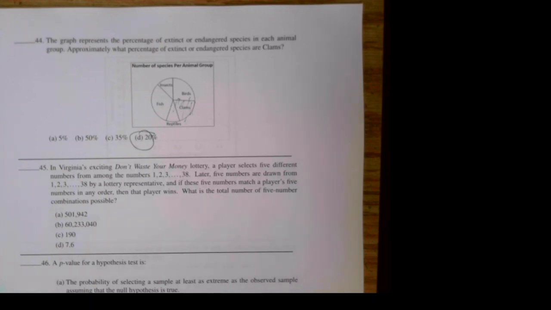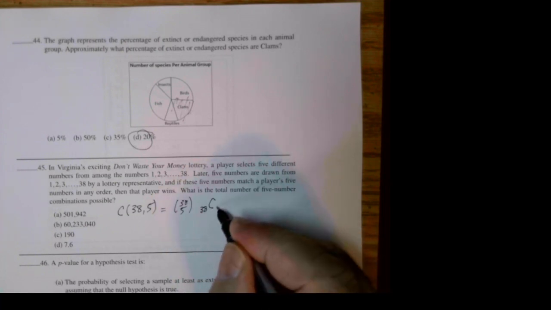So here we are choosing 5 objects, 5 numbers in this case, from a set of 38. Right? So the number of ways to do that will be the number of combinations of 5 things chosen from among 38. Other ways to write this are 38 choose 5, and also 38 and then a big C and then a 5.